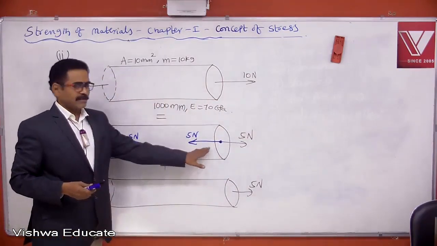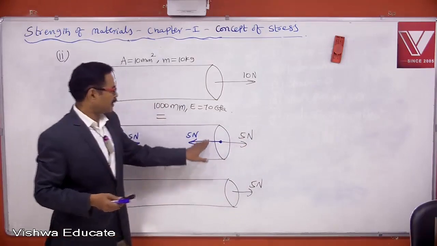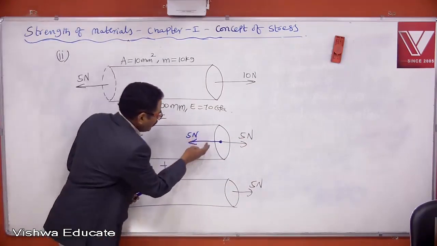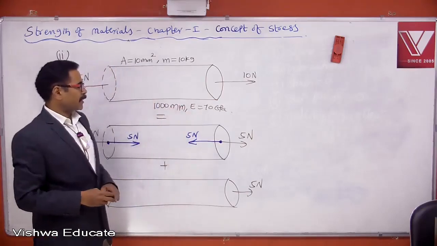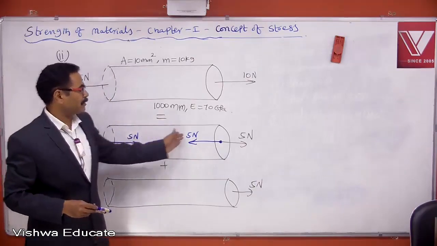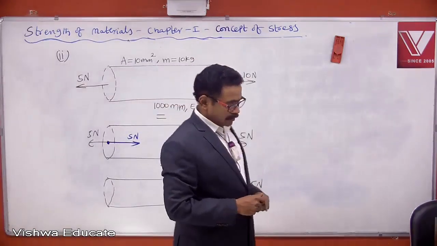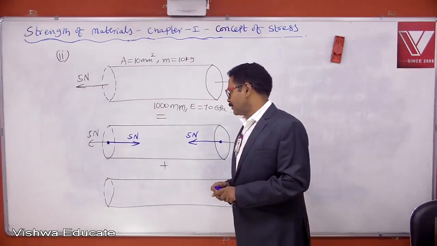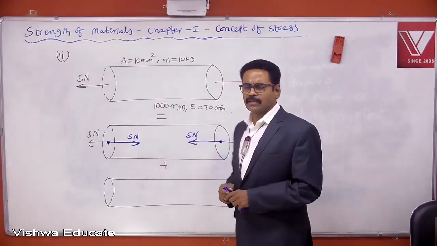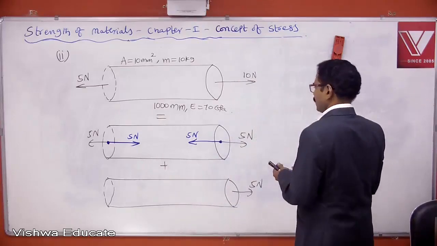Who is generating this? I am applying this. Who is generating this? Material of the bar itself. So material of the bar itself is generating an equal and opposite force. So tell me, what is resisting force offered by bar here? Applied force is 5, resisting force also 5. Stress is equal to resisting force by area.